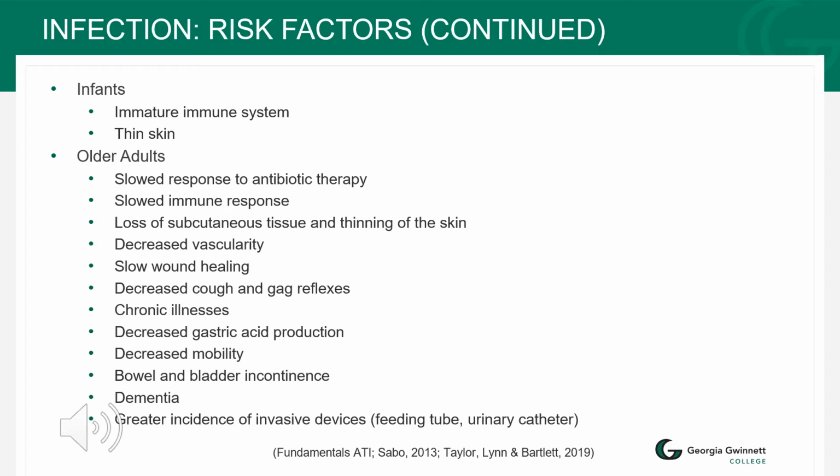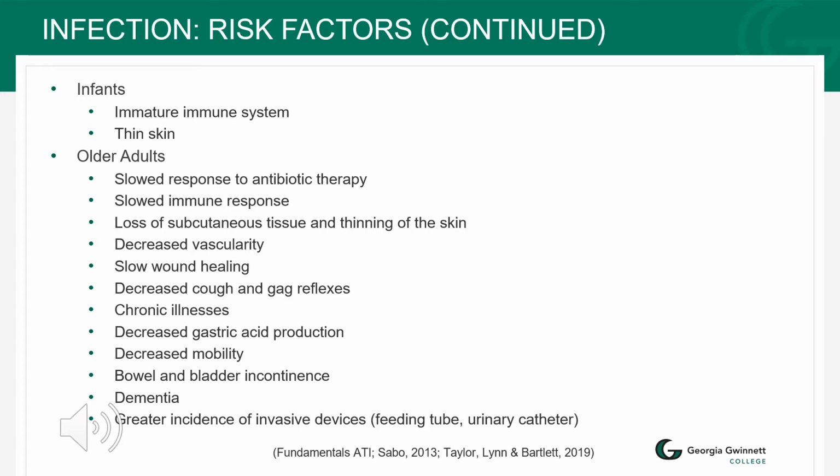They're less responsive to antibiotic therapy, or it takes them longer to fight the infection for the antibiotics to get in their system and show a response. Their immune response is slowed. Because of their vascularity, their vessels in their body and the blood is not perfused as well. So the decreased vascularity impacts how they are able to fight infection, and it also impacts wound healing. So the wound healing is slowed.